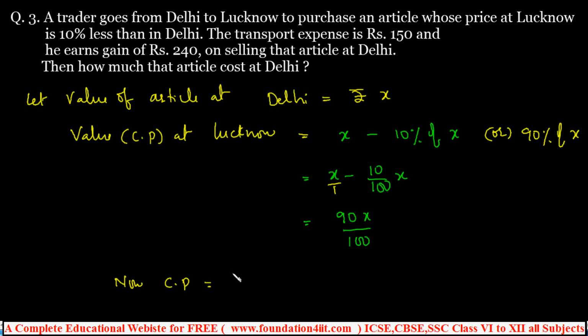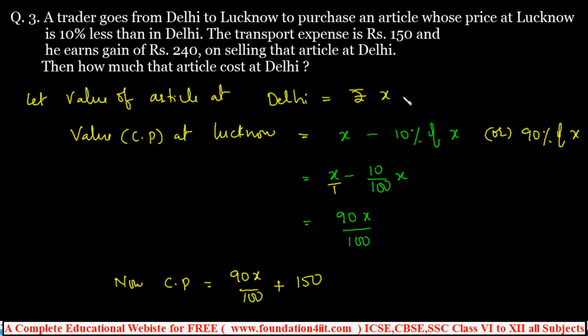So the final cost price is equal to 90x by 100 plus the transport cost 150. This transport expense of rupees 150 completely comes under cost price. But comparing both, he gained 240 rupees.